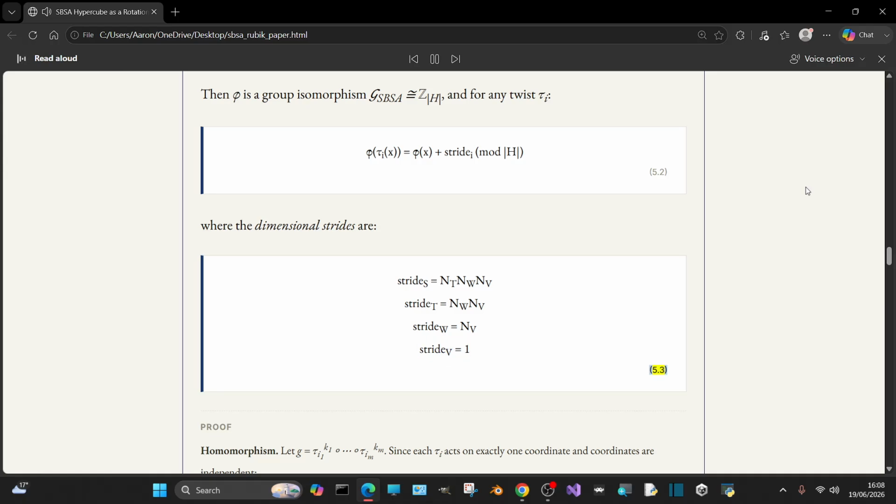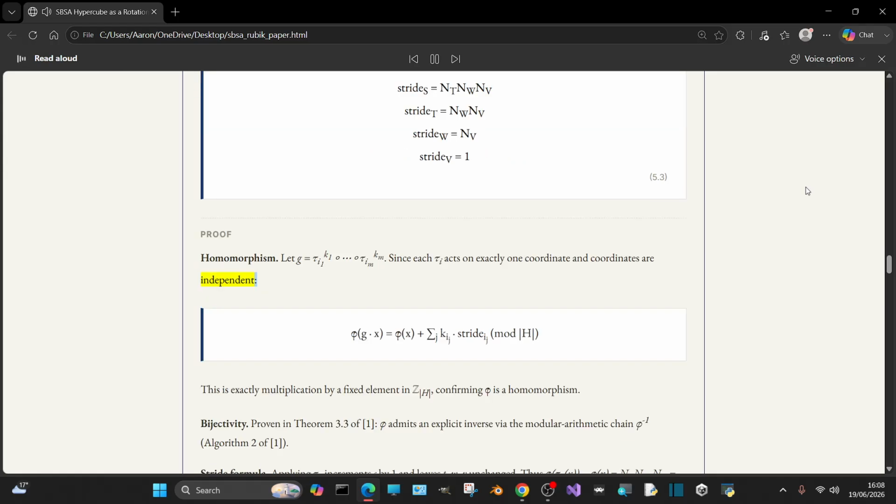Proof. Homomorphism. Let g = I1^k1 ... Since each I acts on exactly one coordinate, and coordinates are independent, phi(g·x) = phi(x) + Σ_j k_j × stride_j mod H. This is exactly multiplication by a fixed element in H, confirming phi is a homomorphism.